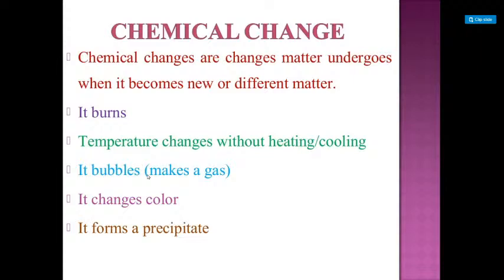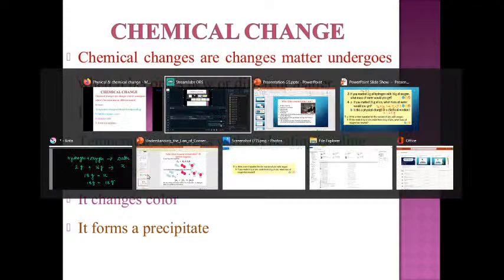Obviously, when it burns, if paper is burned, it is going to convert into soot. Okay, Rishika? And then temperature changes without heating or cooling. Obviously, if it is an exothermic reaction or endothermic reaction, right? If it changes color, I have shown you the formation of precipitate also. So let's go back to the presentation.